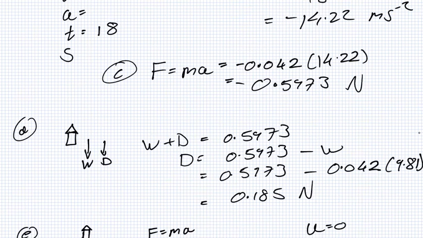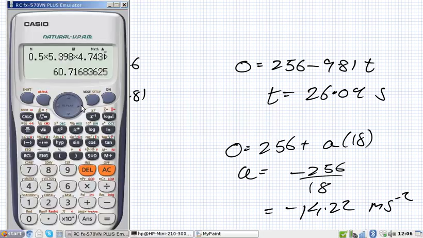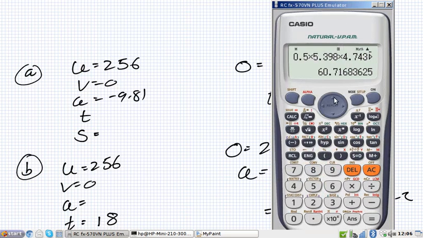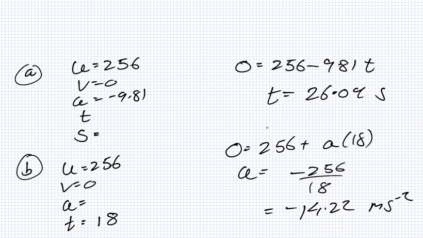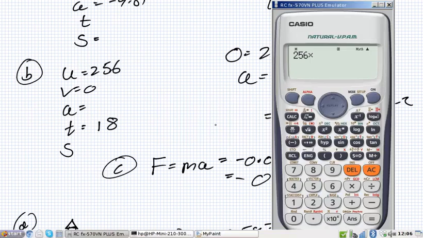We have to work out what the maximum height is, which we've not done either. If I go back to the very start and go with ut plus a half at squared again, ut, which is 18, plus a half a t squared.